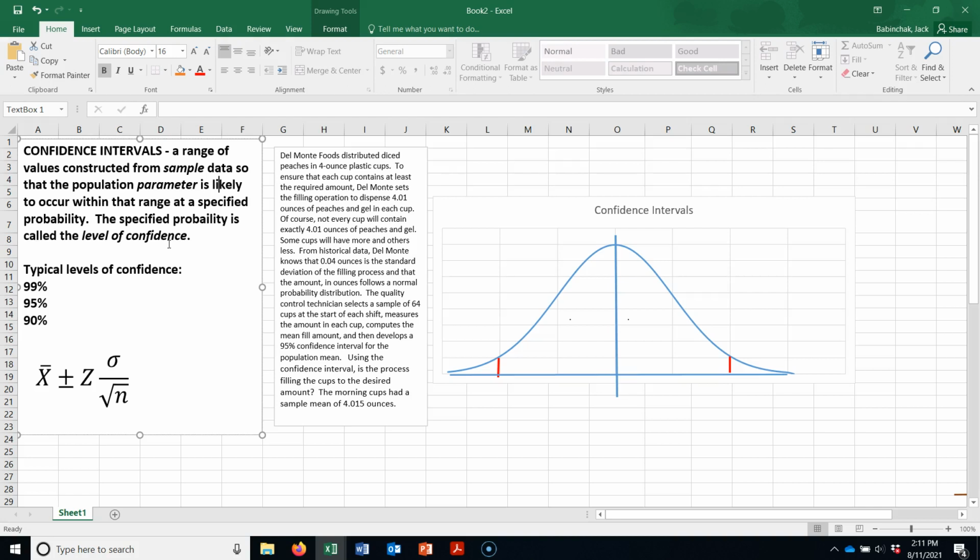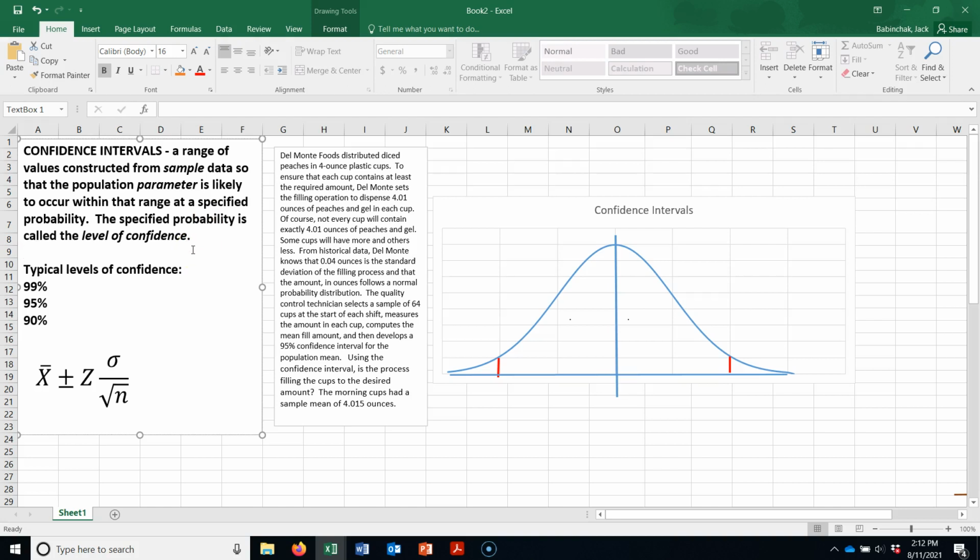So again, to summarize, we're taking a sample, trying to represent something from the population with a certain level of confidence, so that when our boss asks, how sure are you, we could say we're 95% confident. The specified probability is called the level of confidence.